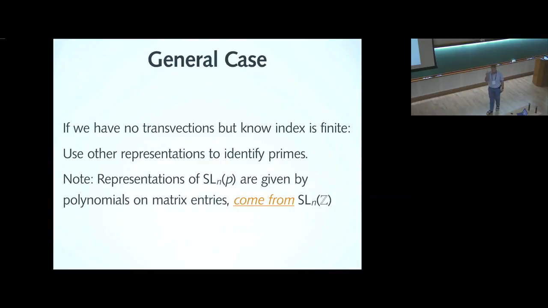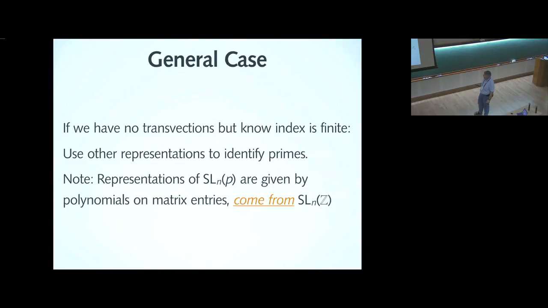So I can construct the representations generically for all the primes. And what I will do is look at these representations and look for which primes all of these representations are irreducible.